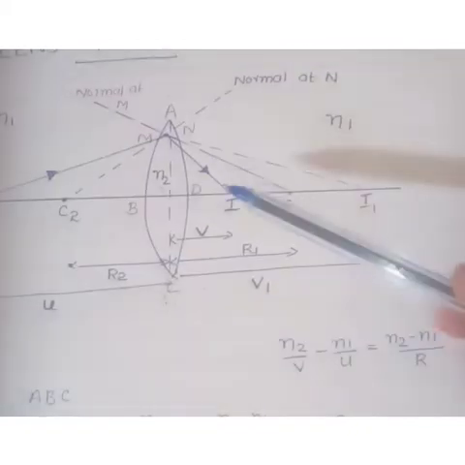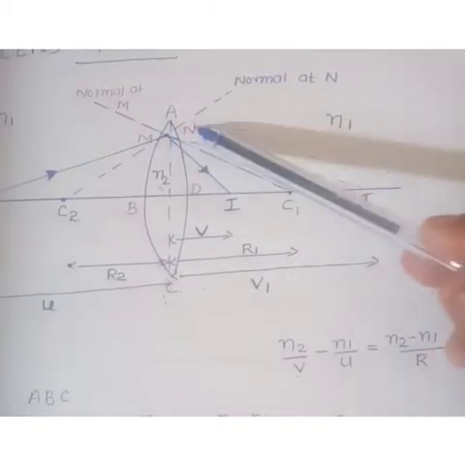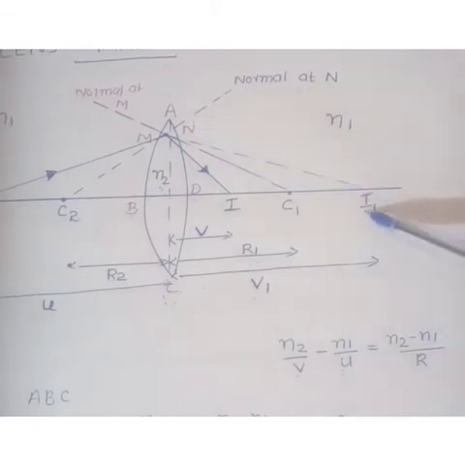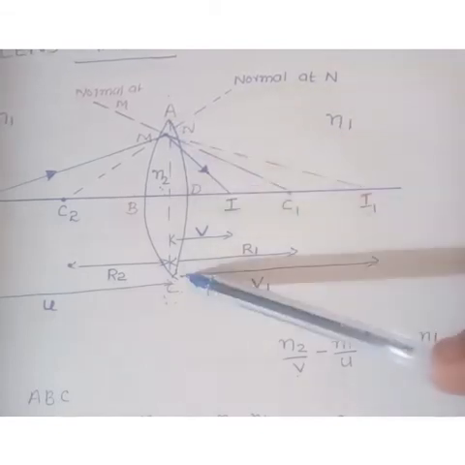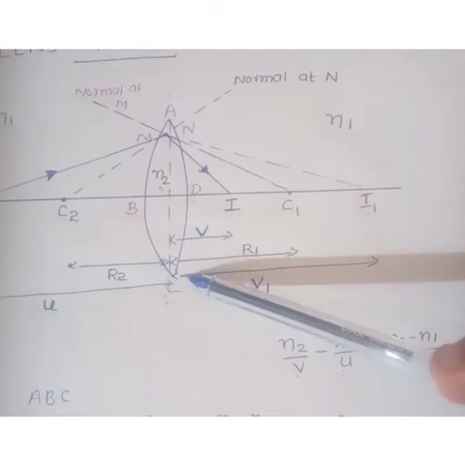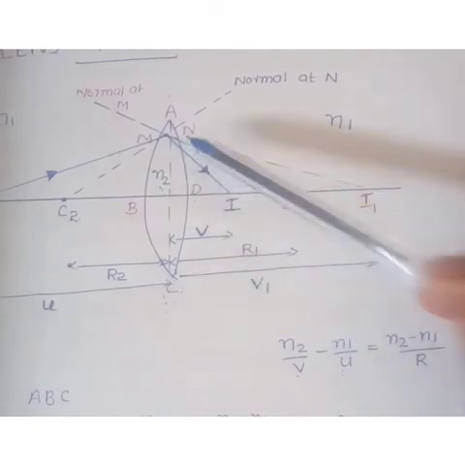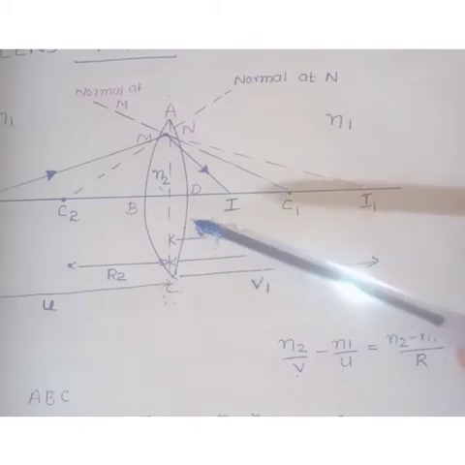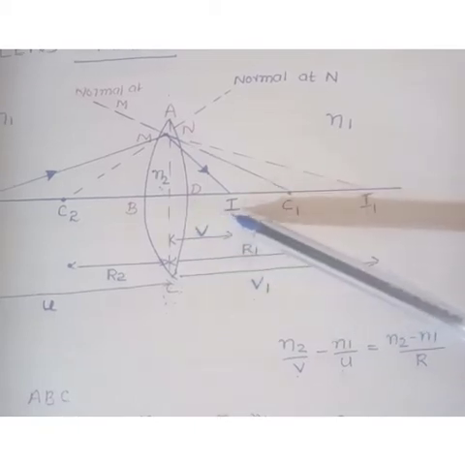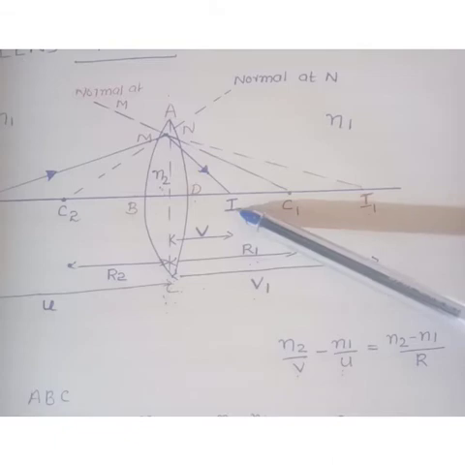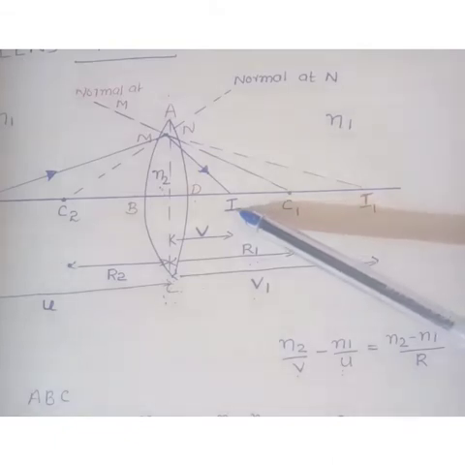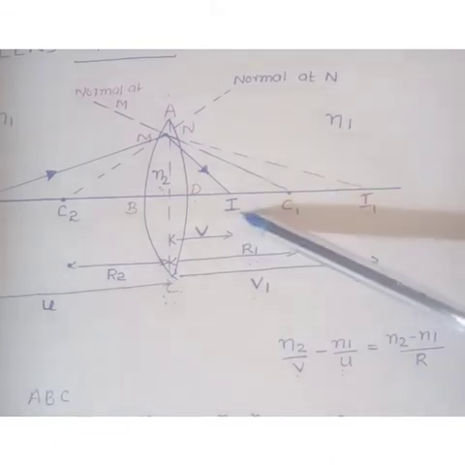But actually the ray suffers another refraction at surface ADC, bending away from the normal at the point N. The emergent ray meets the principal axis at the point I, which is the final image of object O formed by the lens.